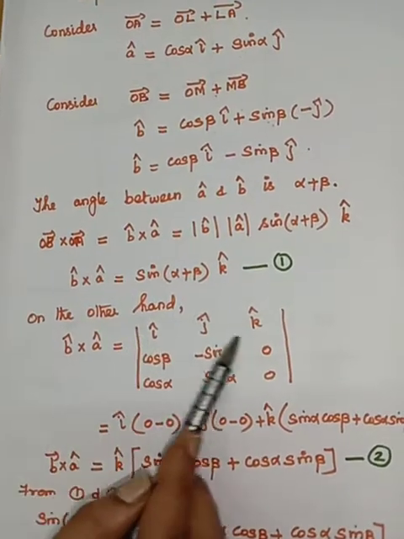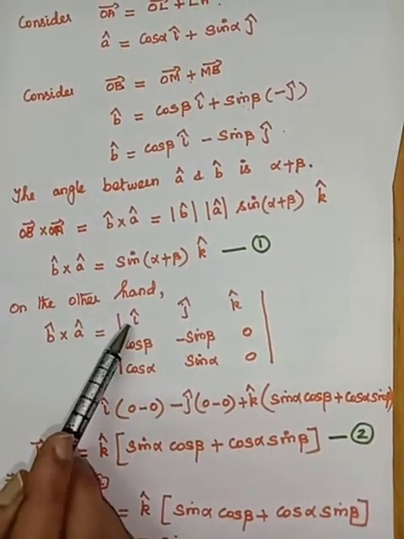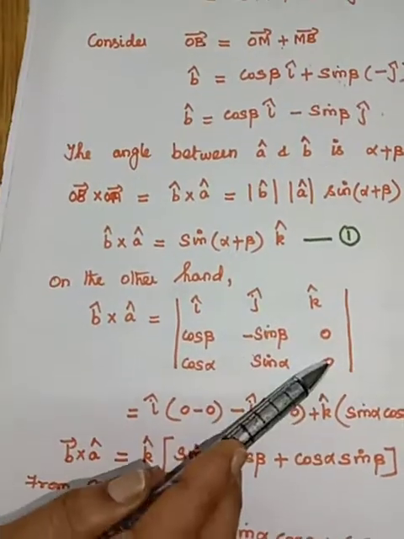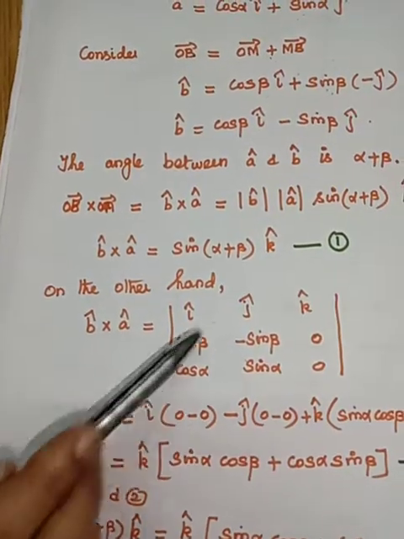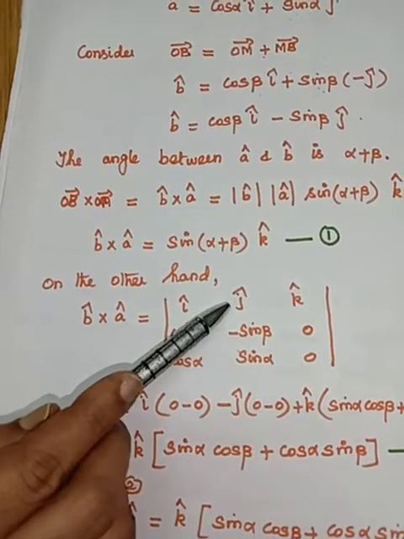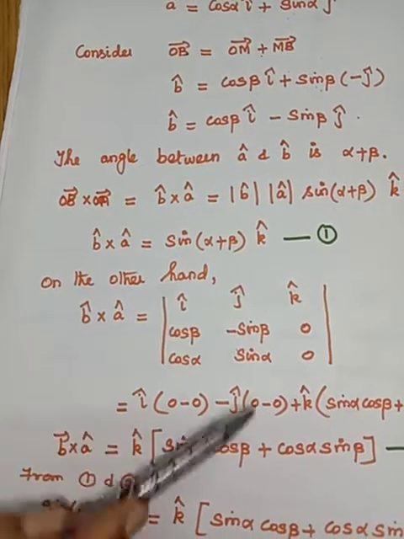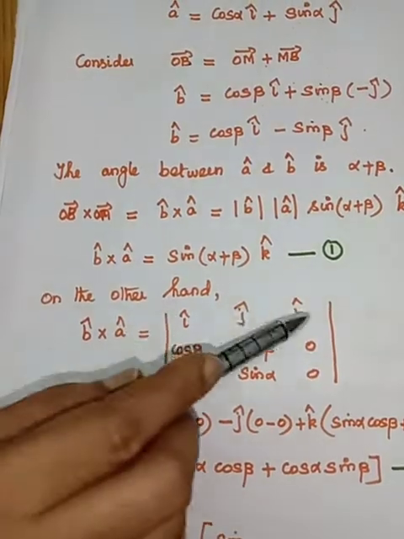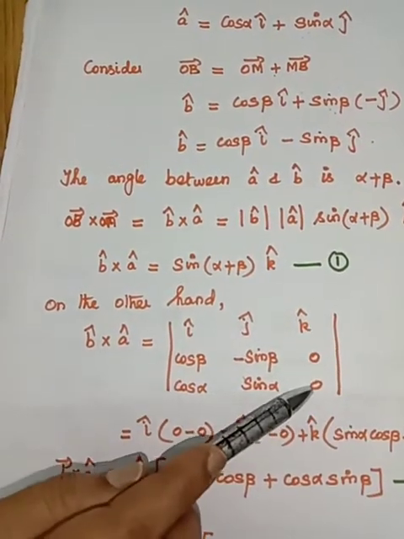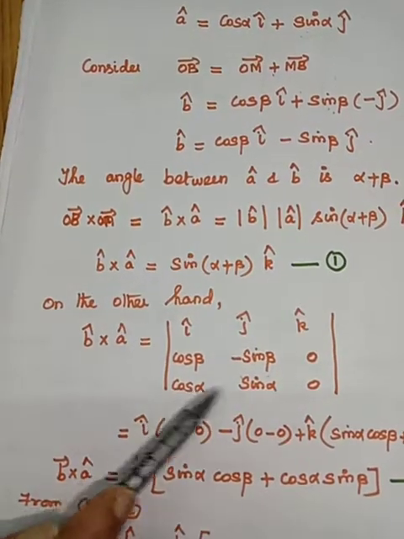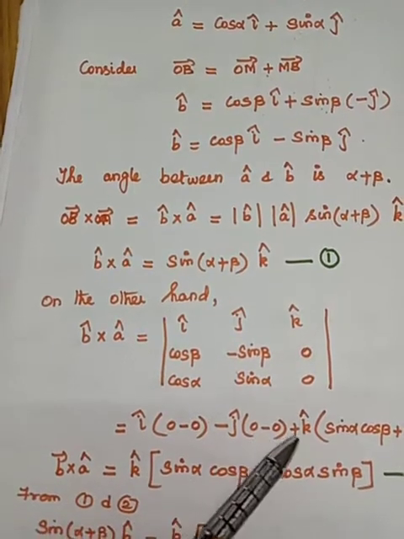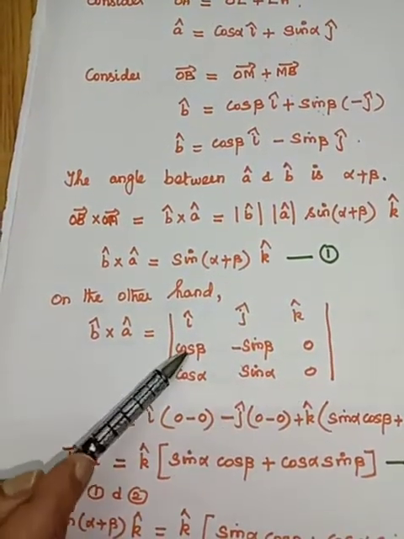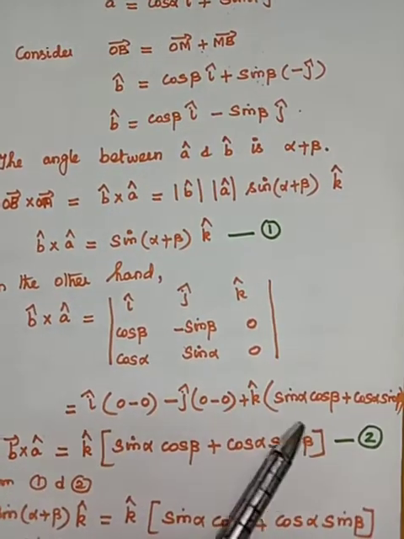So we have to expand by R1. See that i cap, delete the first row and the first column, 0 minus 0. While you are moving to the second element you have to write minus. So it is minus j cap into, delete the first row and the second column, cos beta into 0 was 0, minus cos alpha into 0 was 0, plus K cap, delete the first row and the third column, cos beta sin alpha.